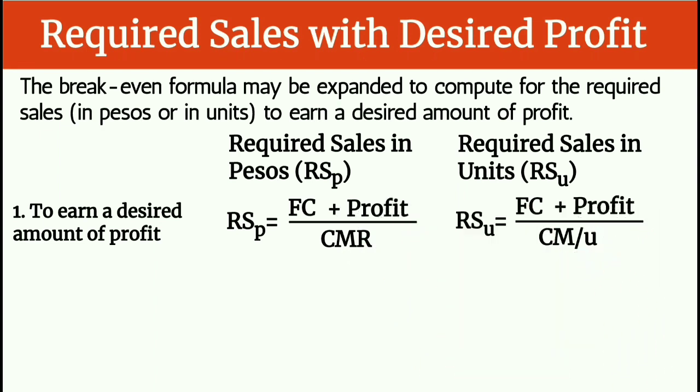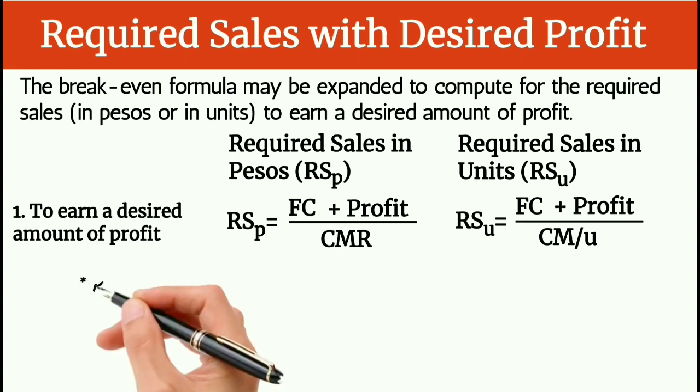So that means the required sales in pesos is equal to fixed cost plus profit divided by contribution margin ratio. And the required sales in units is equal to fixed cost plus profit divided by contribution margin per unit.